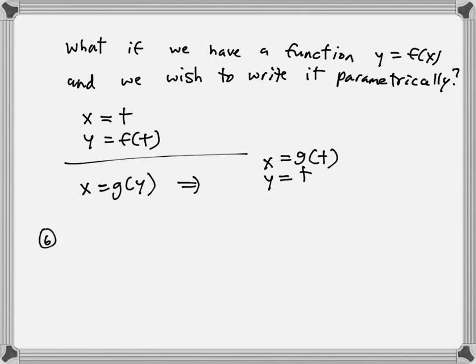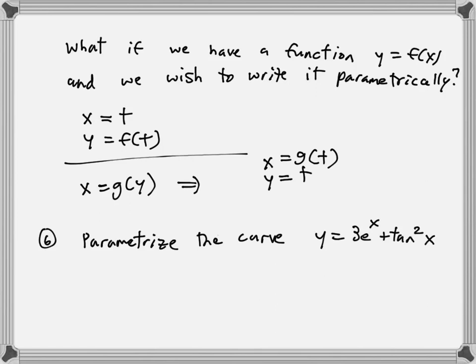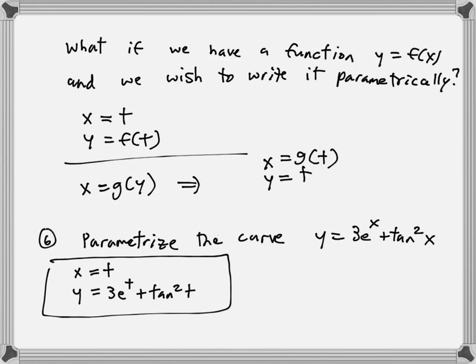So I want us to parametrize the curve y is equal to, I don't know, let's make this complicated, 3e to the x plus tan squared x. Well, because y is a function of x, you can just let x be t, and then y would just be 3e to the t plus tan squared t. And that's it. It's that simple.